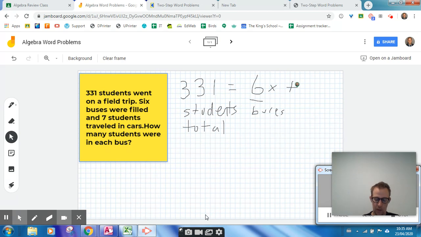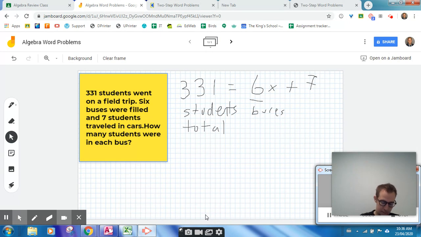And we know that there were 7 students traveling in cars. This 7 represents our constant term, because the amount of students traveling in cars is constant. It's not going to change. You're told that there are 7 students traveling in cars, so that is your constant term.